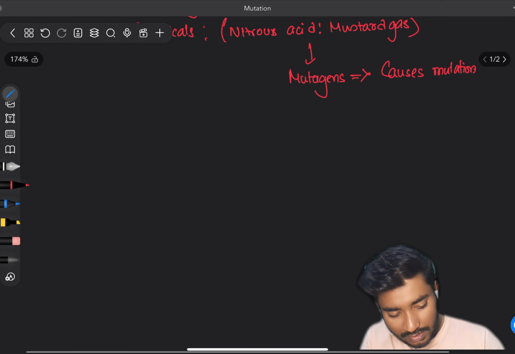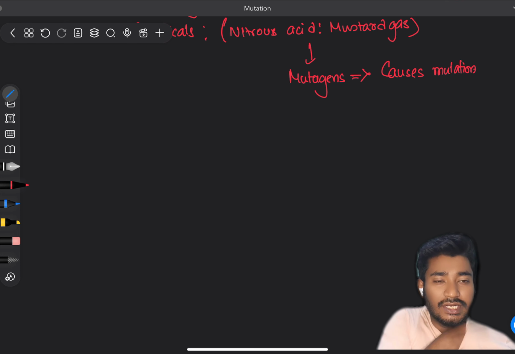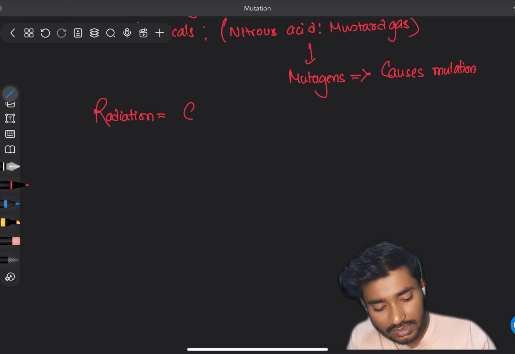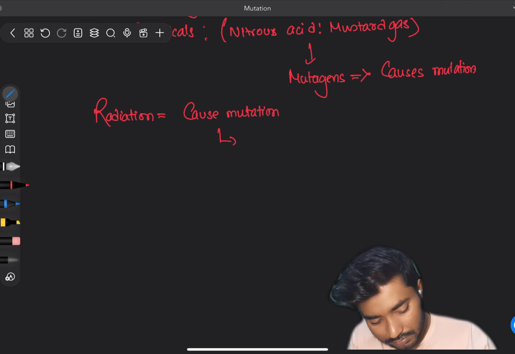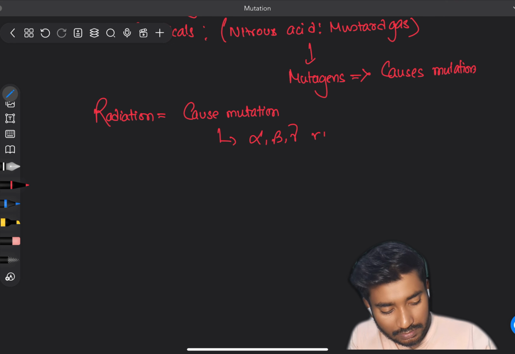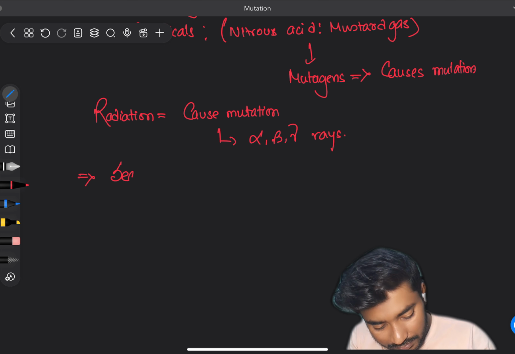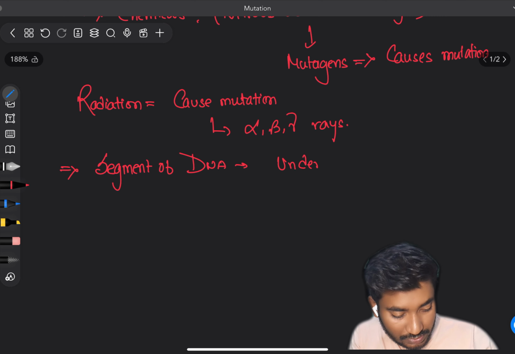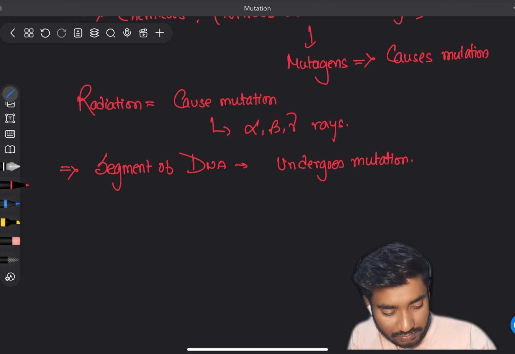Some radiations can also cause mutation, such as alpha, beta and gamma rays. The segment of DNA undergoes mutation.